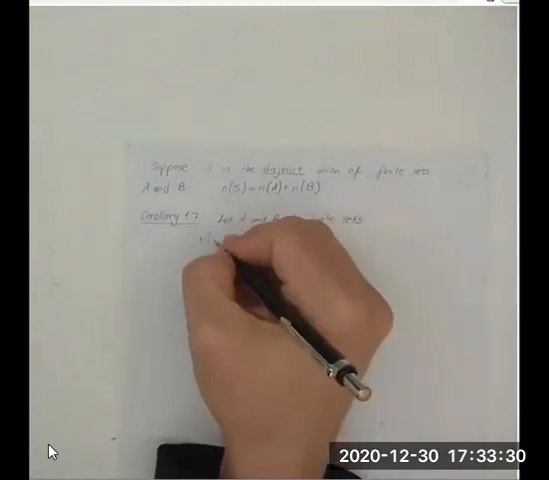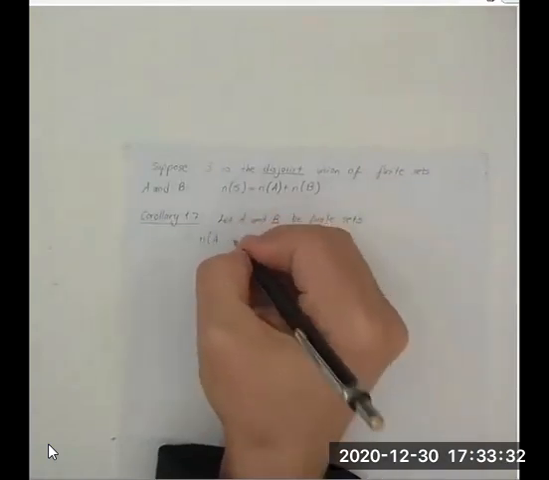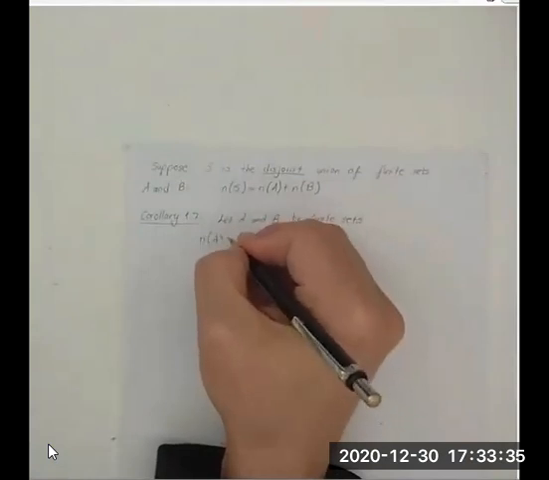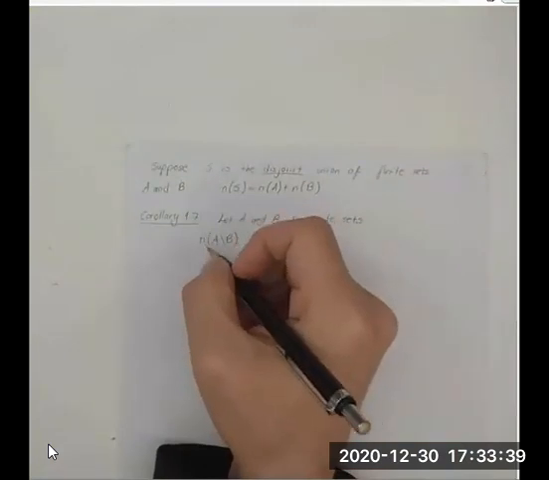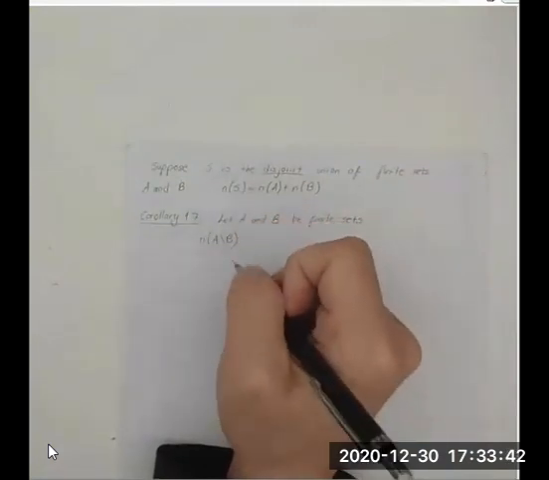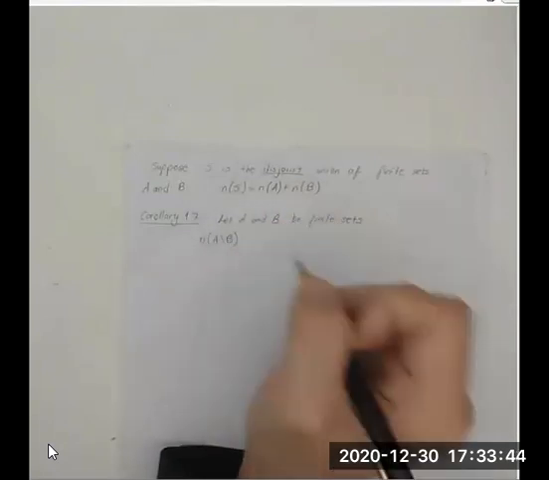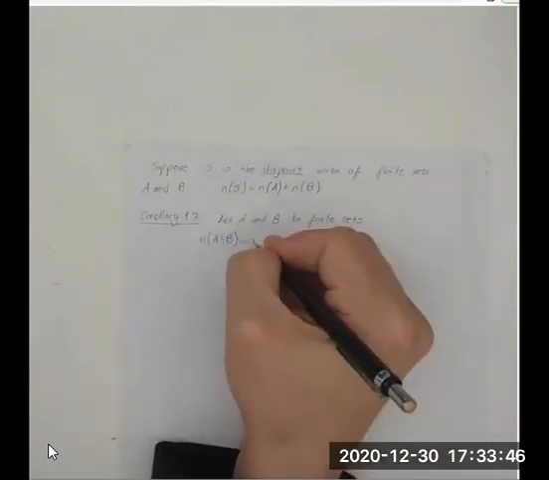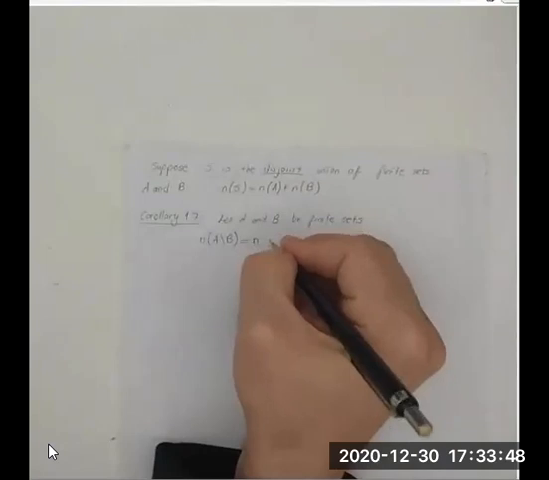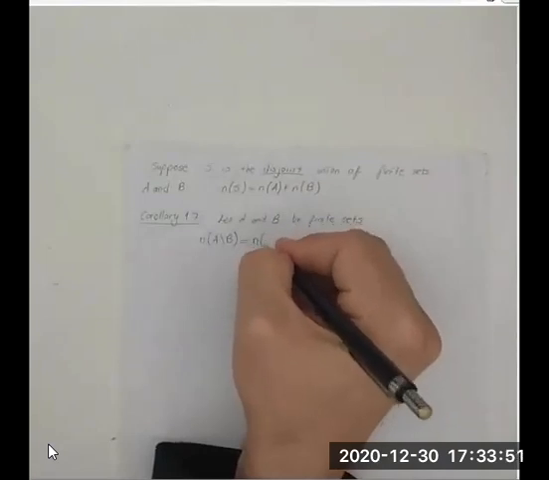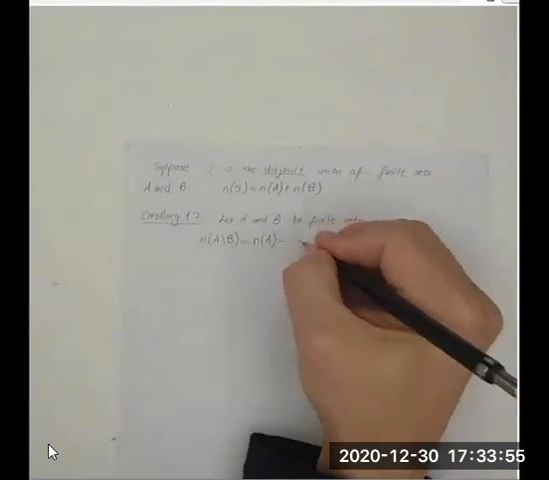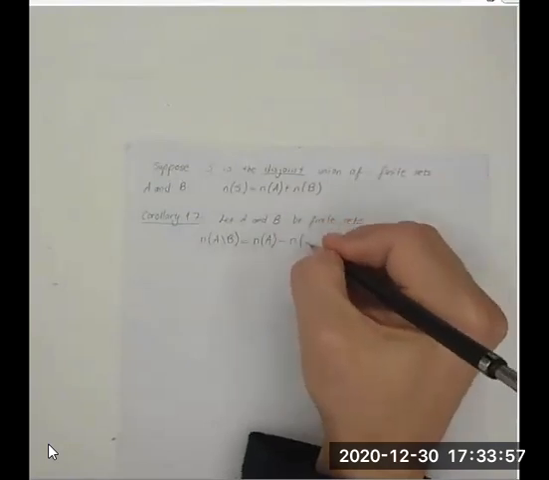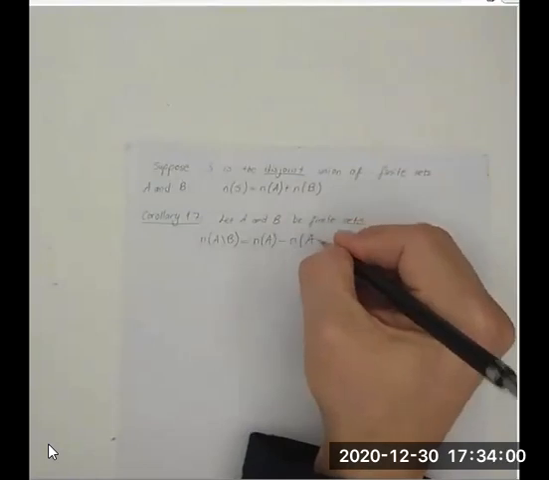The number of elements in A difference B is the number of A minus the number of A intersection B. So you know that meaning, right?